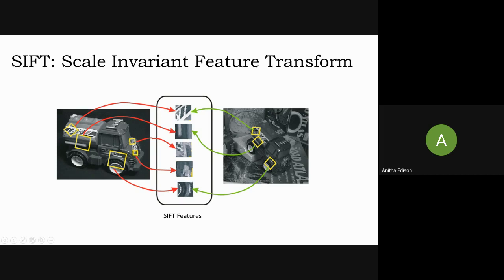Using corners and edges, can I identify if those are the same? If I extract a corner like this and the same corner in the other image, and compare just the image intensities, it won't be the same because this is rotated.